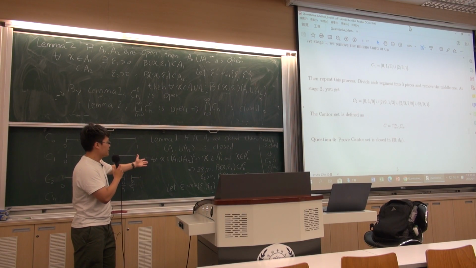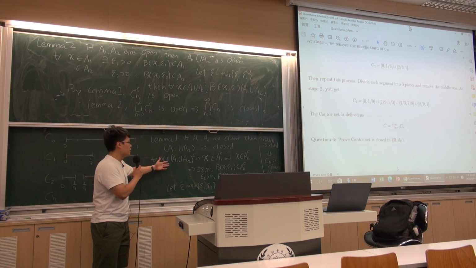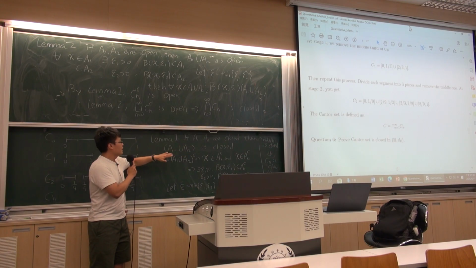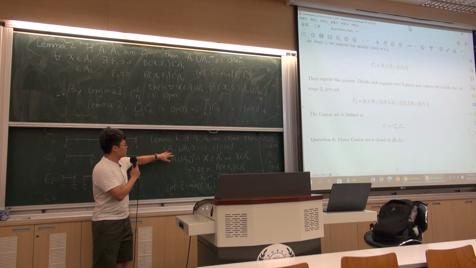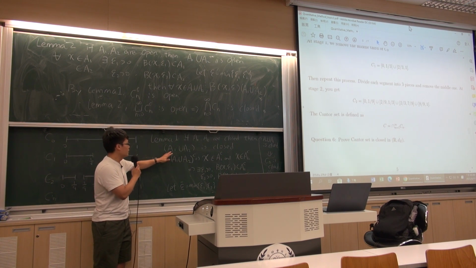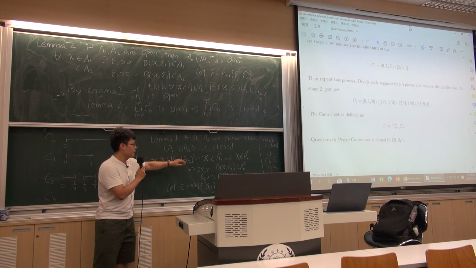Again, based on definition, we have to look at the complement of this union set. For example, A1 and A2 are closed, and I want to prove that the union of A1 and A2 is also closed. I have to look at the complement of the union of A1 and A2, right?